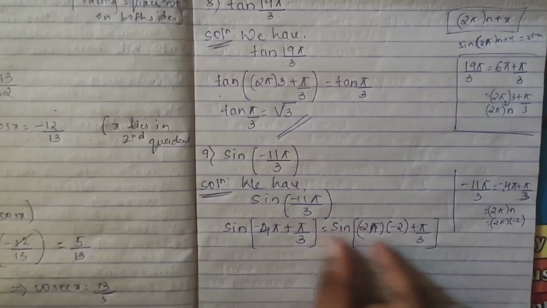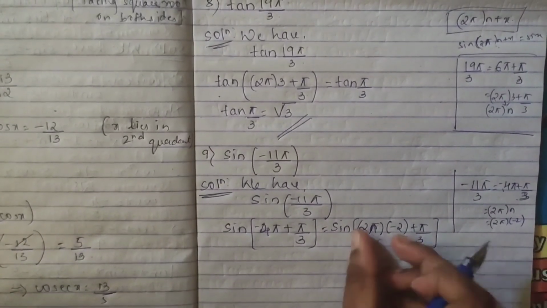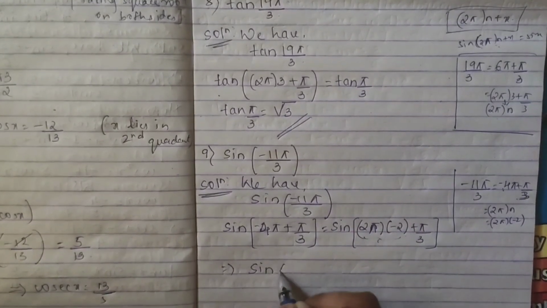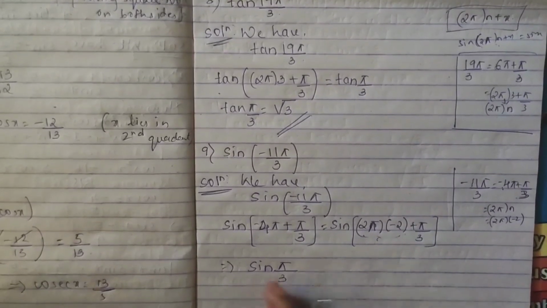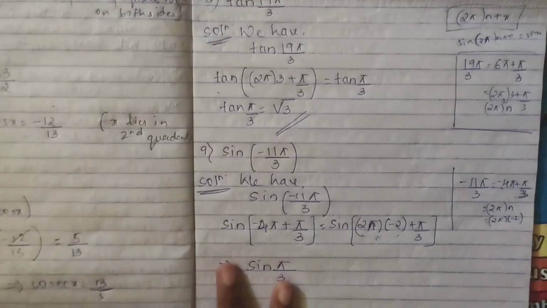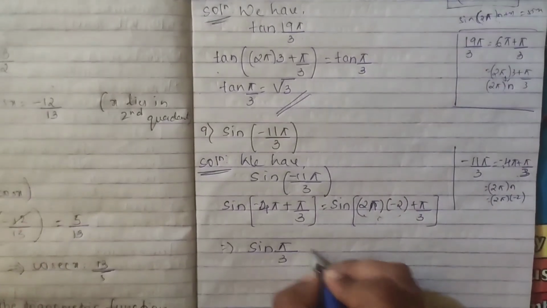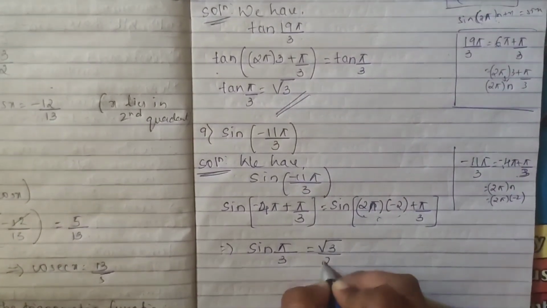Whatever it is, you are getting 2n pi plus x, so that ends up as sine x. So sine pi by 3, the value of sine pi by 3 is what? Root 3 by 2.